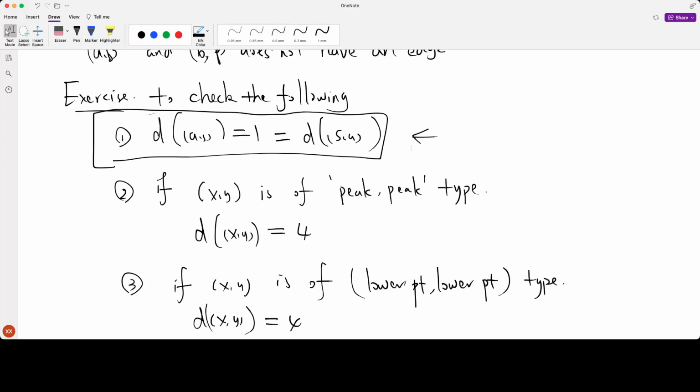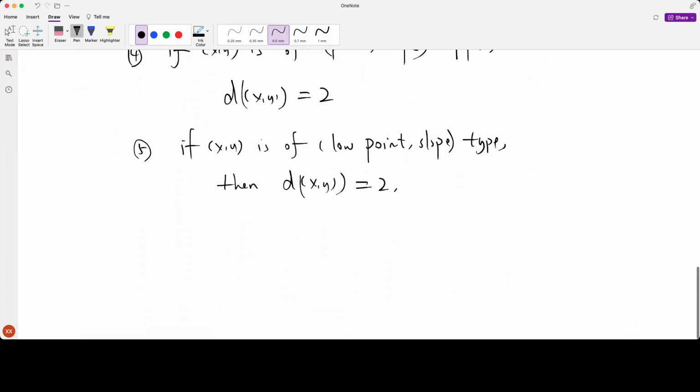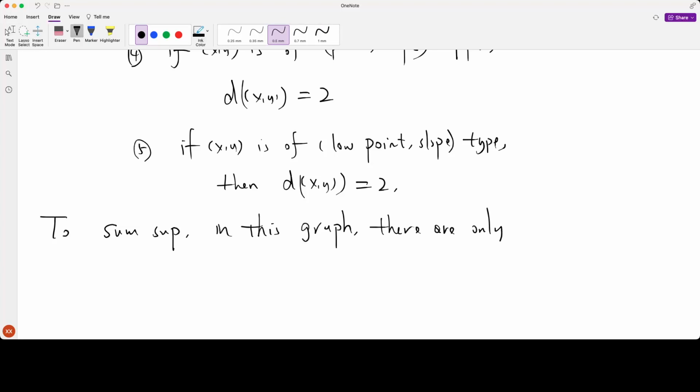Okay, so to sum up, in this graph there are only 2 vertices, AS and SA, which have odd degree.